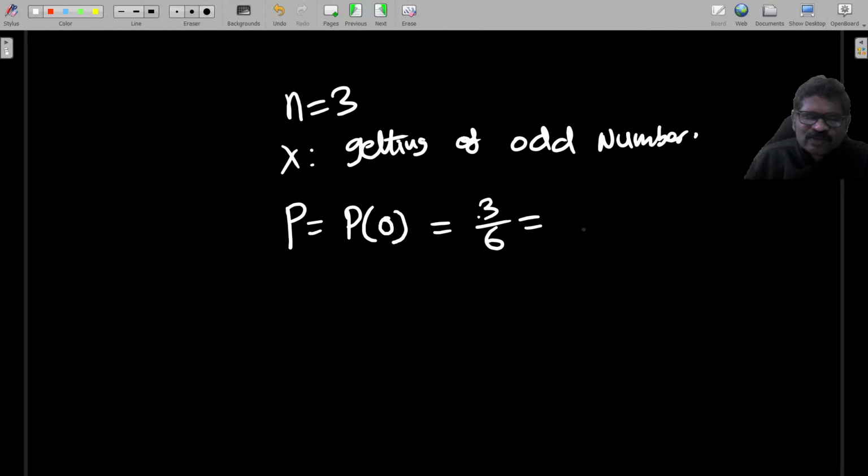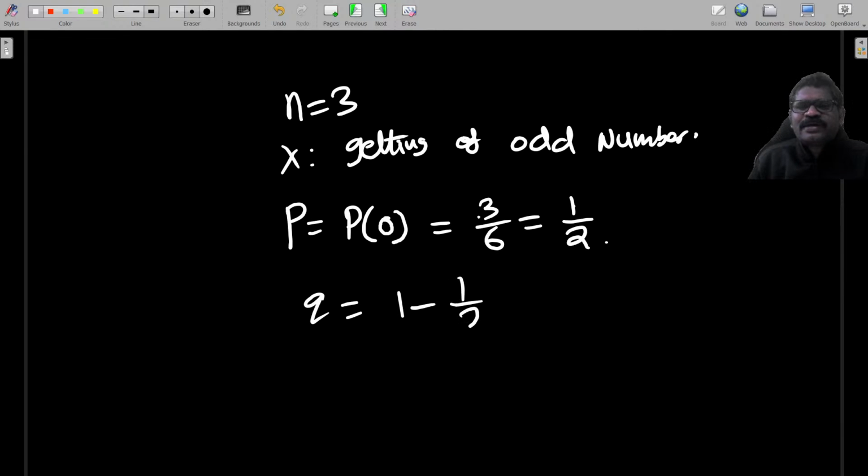There are 3 odd numbers 1, 3, 5 out of 1, 2, 3, 4, 5, 6. 3 by 6 is nothing but 1 by 2. Now q is probability of getting an even number, that is 1 minus 1 by 2, that is 1 by 2. We have to find the probability of getting exactly one odd number.